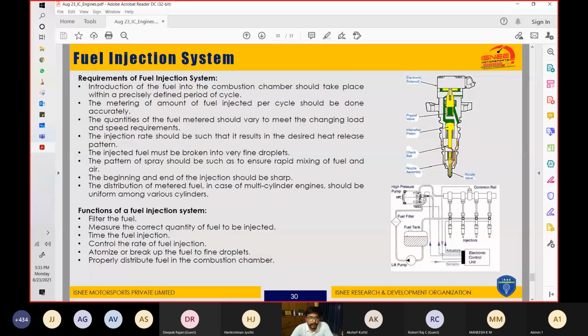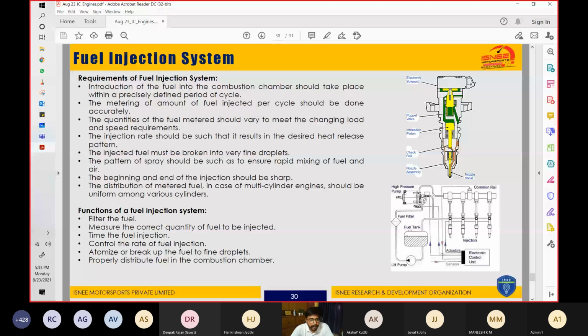The injected fuel must be broken into very fine droplets, or you can say a spray. The pattern of spray should ensure rapid mixing of fuel and air. The beginning and end of the injection should be sharp and quick. The distribution of metered fuel in a multi-cylinder engine should be uniform among the various cylinders.